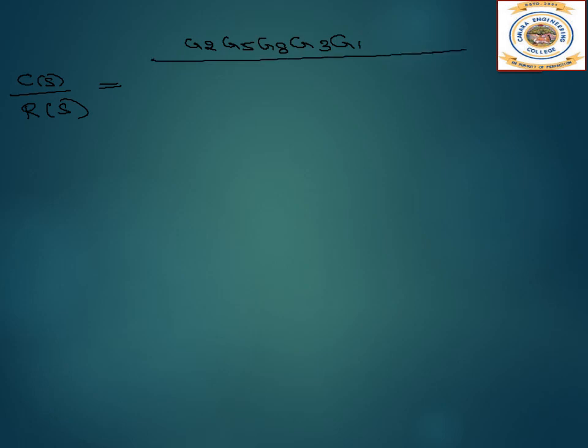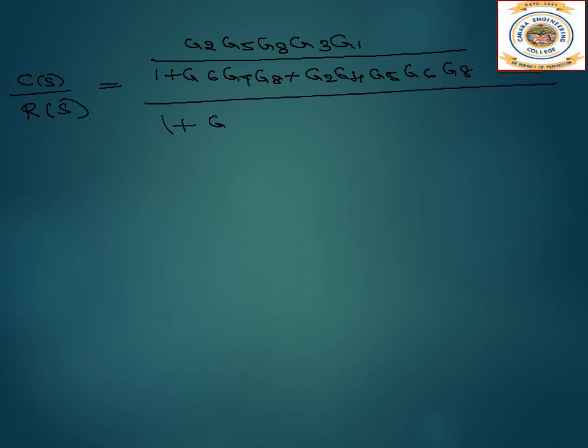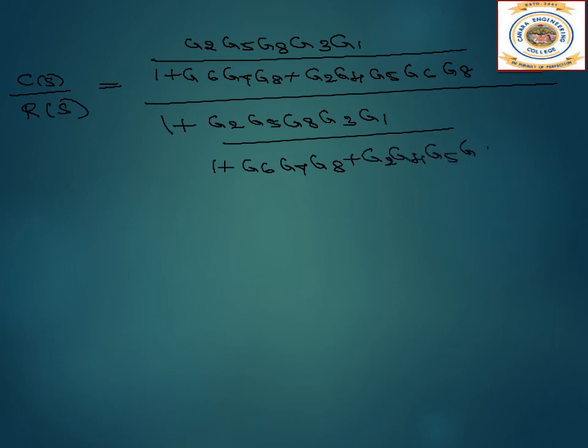Whole divided by the denominator 1 plus G6, G7, G8 plus G2, G4, G5, G6, G8, whole divided by negative feedback 1 plus G2, G5, G8, G3, G1 divided by 1 plus G6, G7, G8 plus G2, G4, G5, G6, G8 into what is H of S? 1.